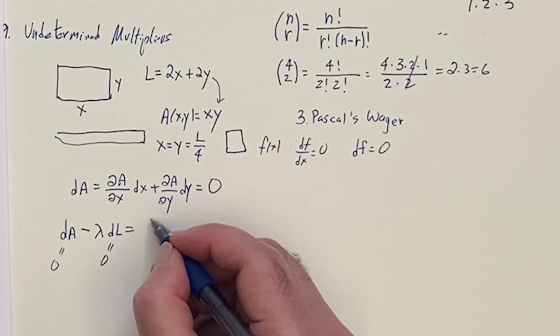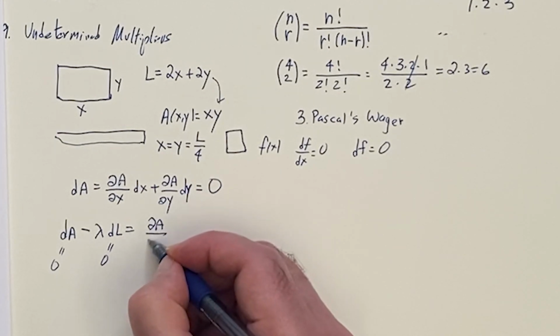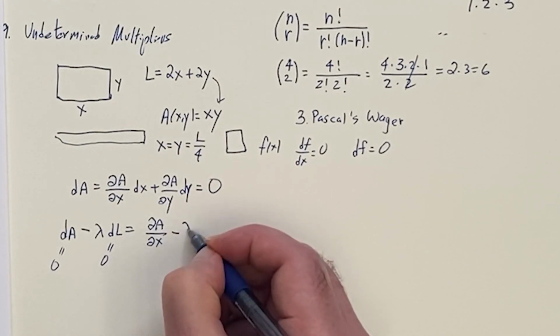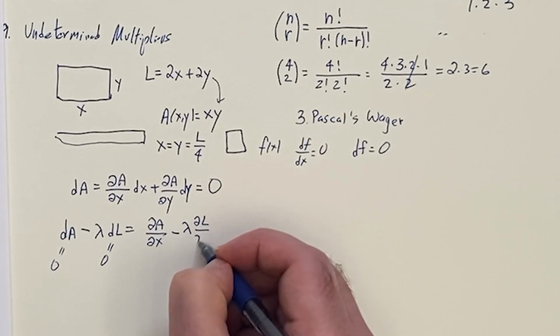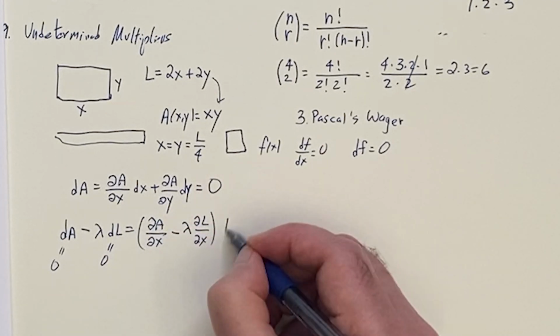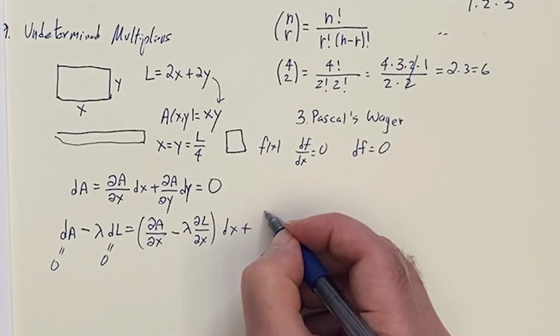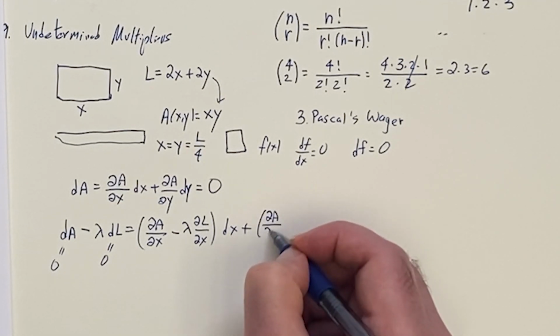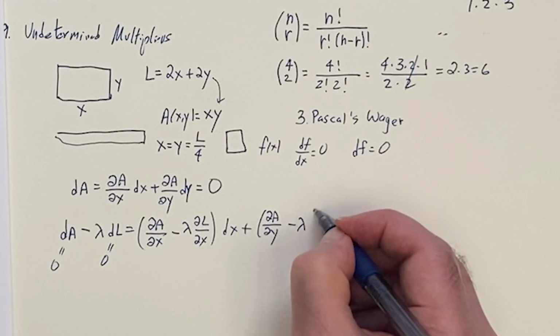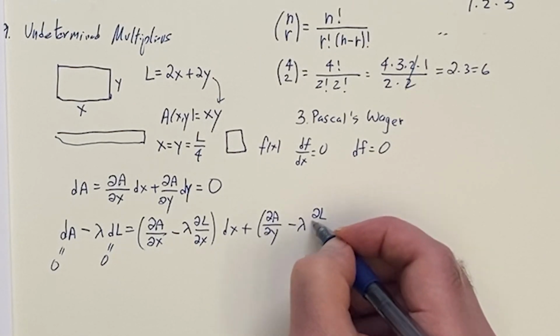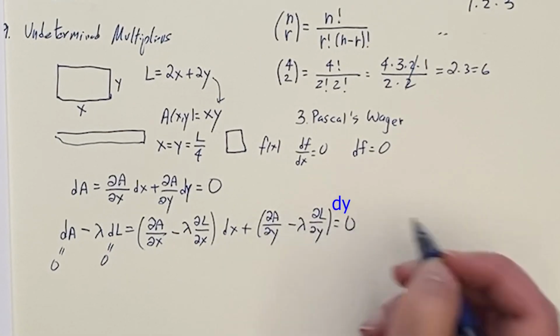But now if you do this, you have the partial derivative of A with respect to x minus lambda times the partial of L with respect to x, dx, plus the partial of A with respect to y minus lambda times the partial of L with respect to y, dy, equal to 0.